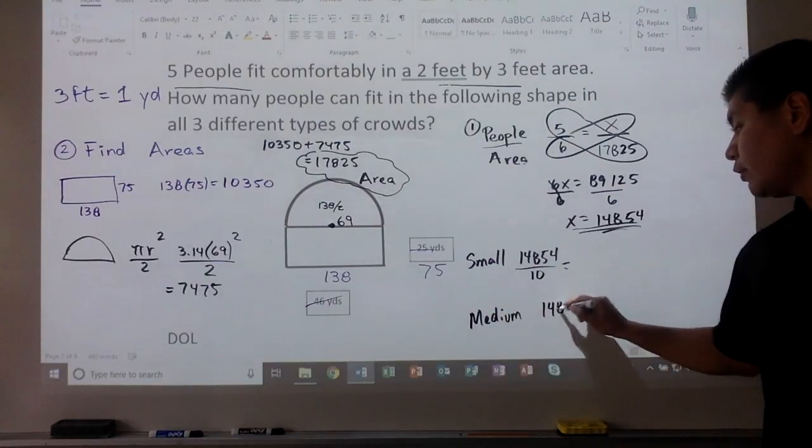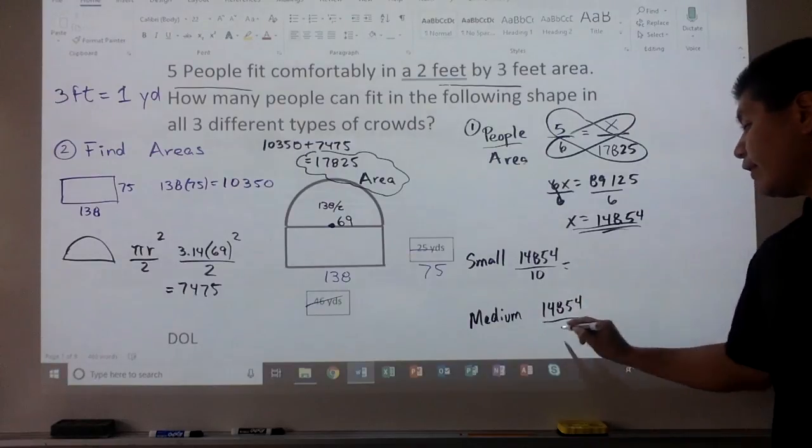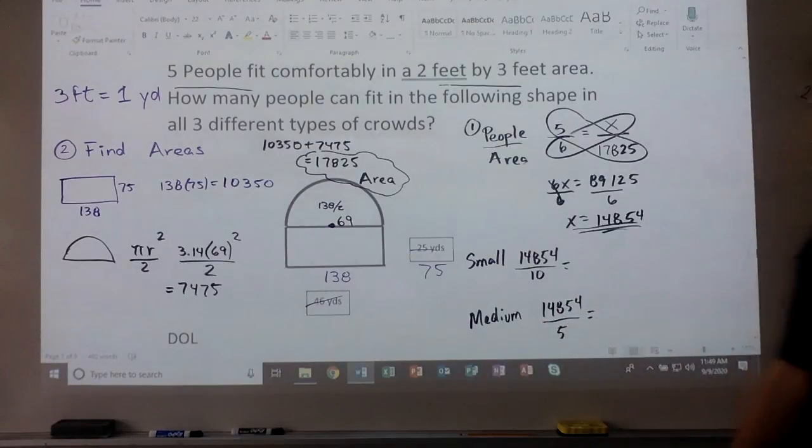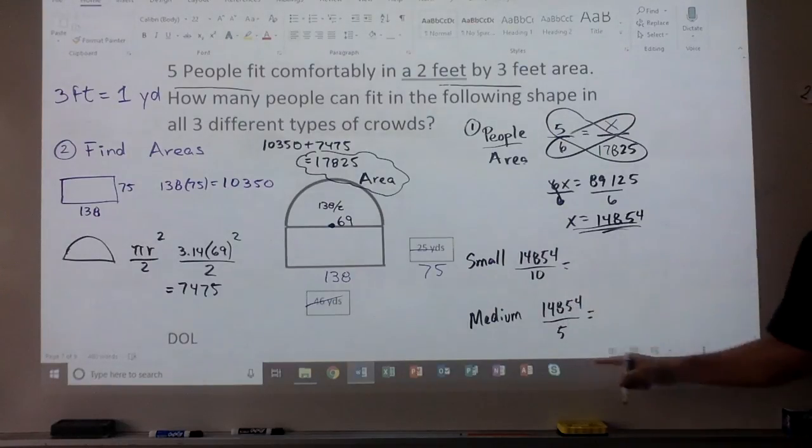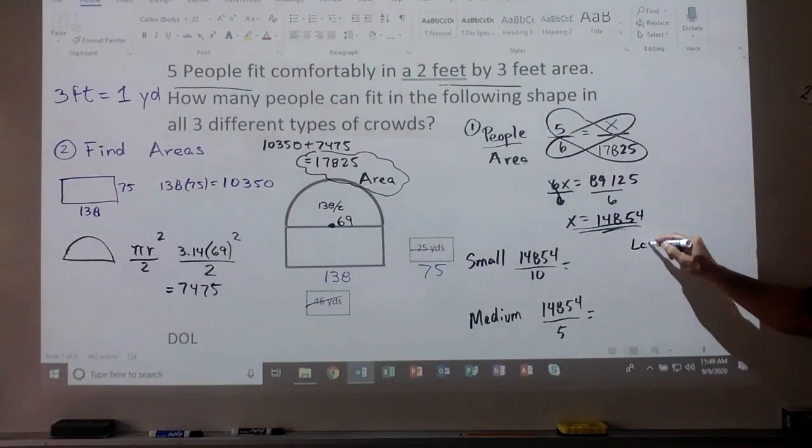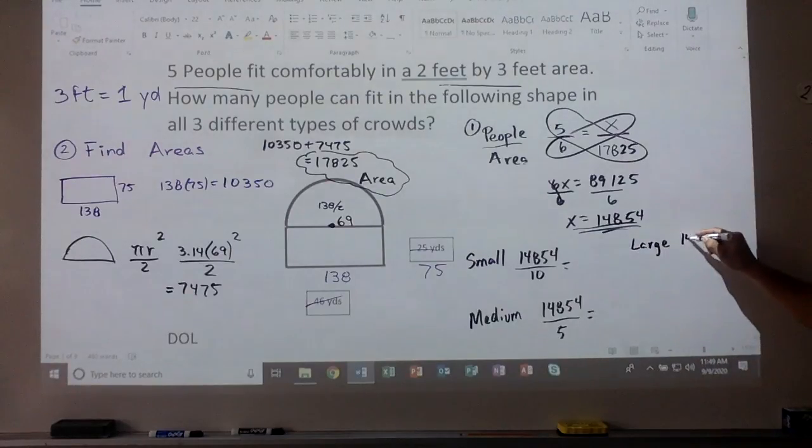Same number, divided by 5. In my test, you're not going to know which crowd I'm going to ask you for. So make sure you remember those numbers. Large. Divided by 2. This was called estimated crowd.